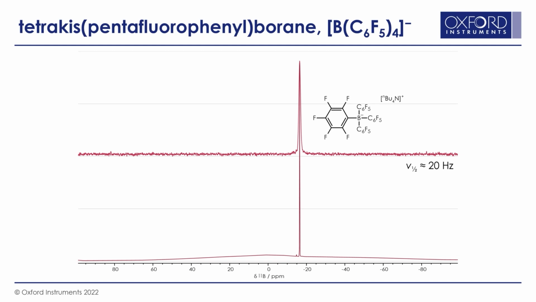Though this can be eliminated by appropriate probe design, choices of experimental parameters, and the use of boron-free or quartz NMR tubes. This can happen not just in boron 11 spectra. I've personally observed background signals in both fluorine 19 spectra, likely from PTFE, and silicon 29 spectra, again from the glass, when previously working with high field instruments.